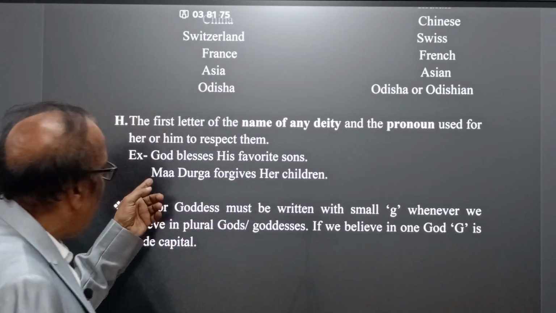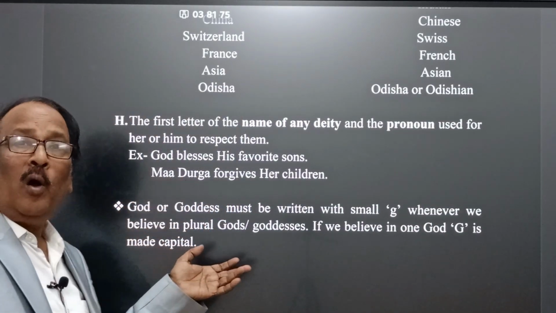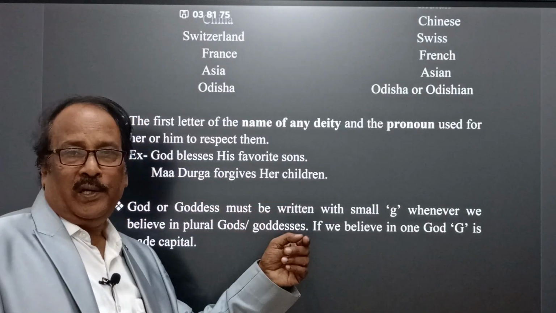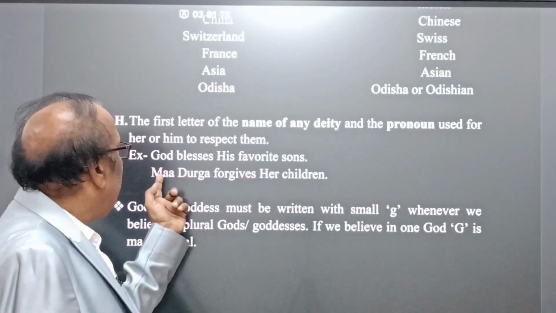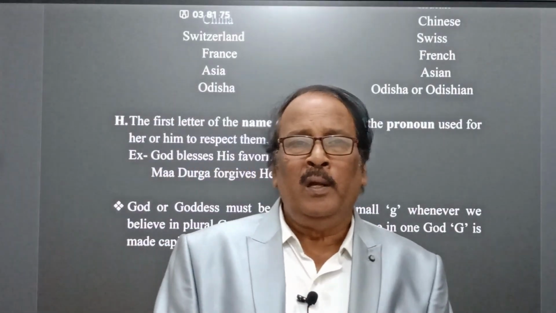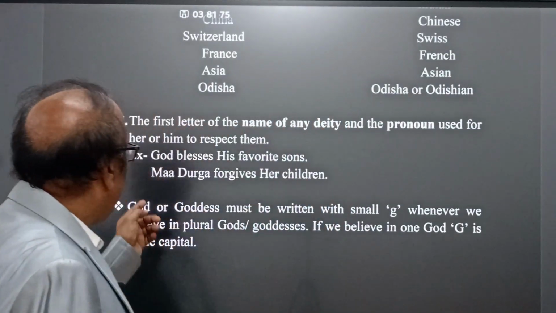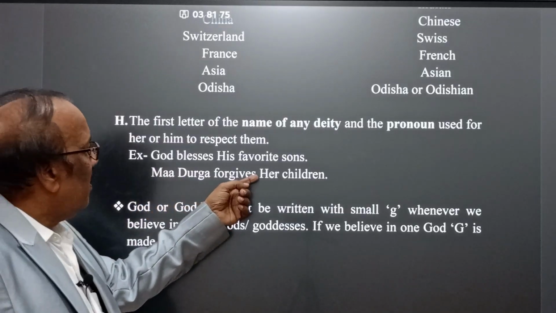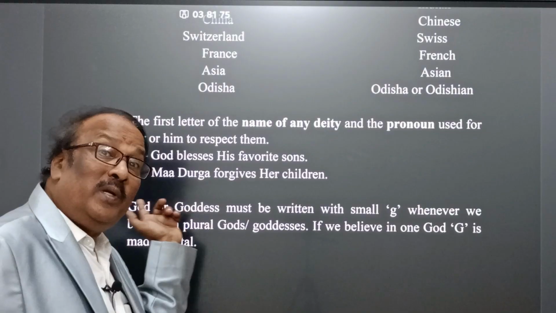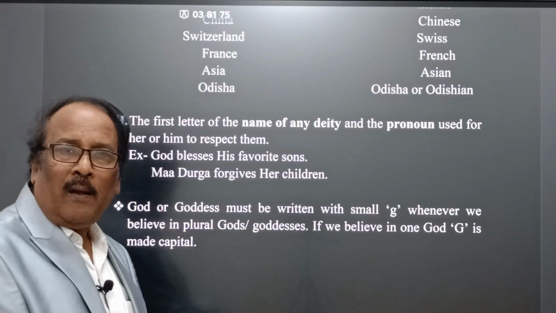And here we find Ma Durga, or Ganesh Durga, forgives her children. Her is used for respecting Ma Durga, and here Ma Durga, M capital, D capital, her is also H capital, mostly due to respect for Goddess Durga.